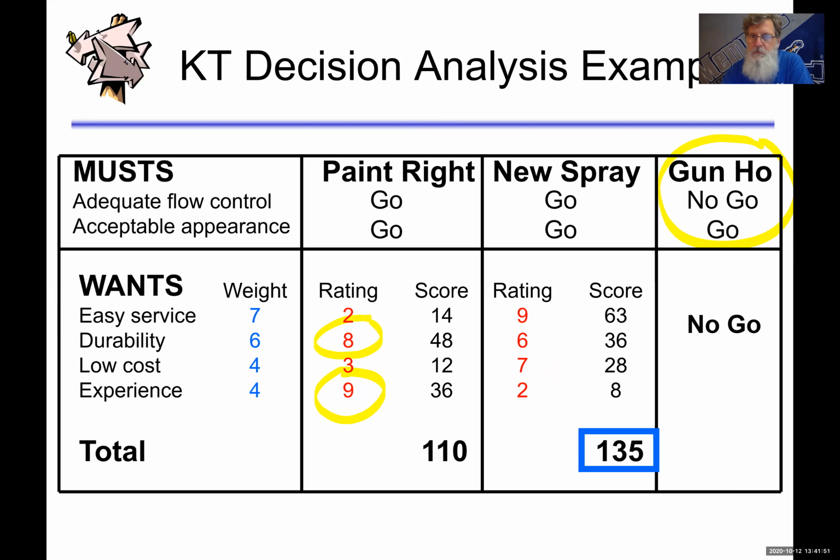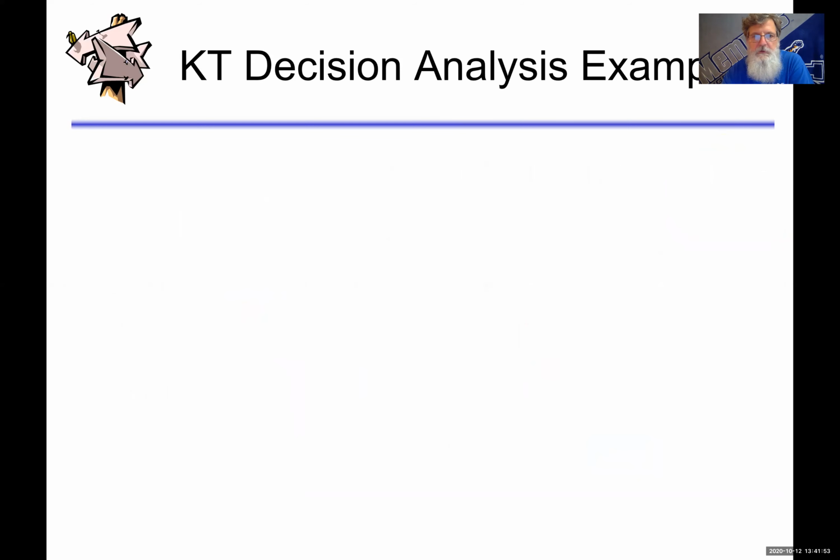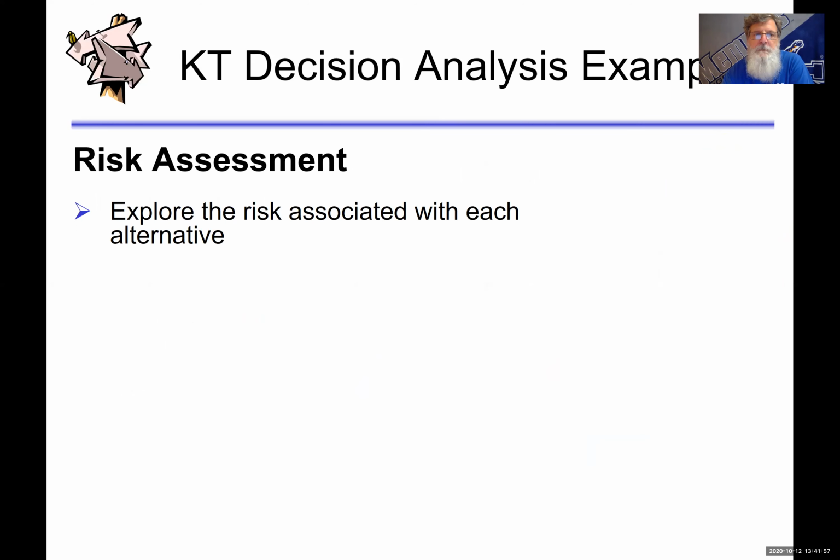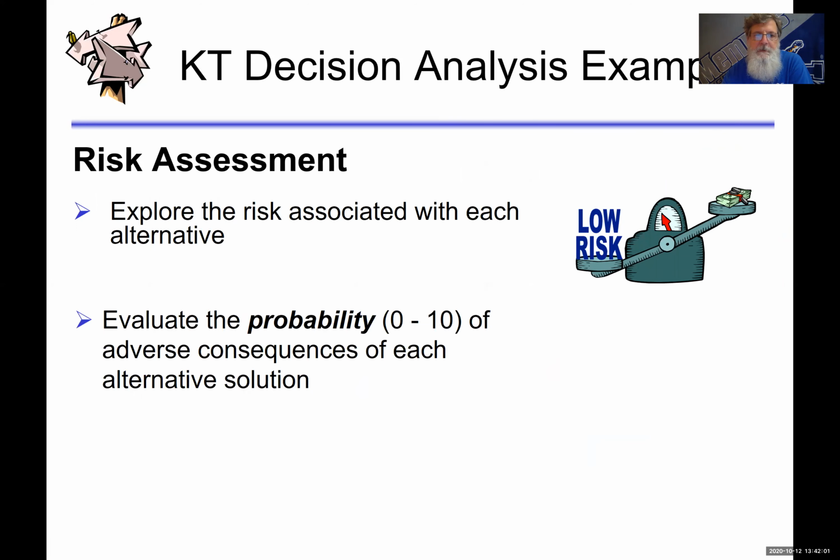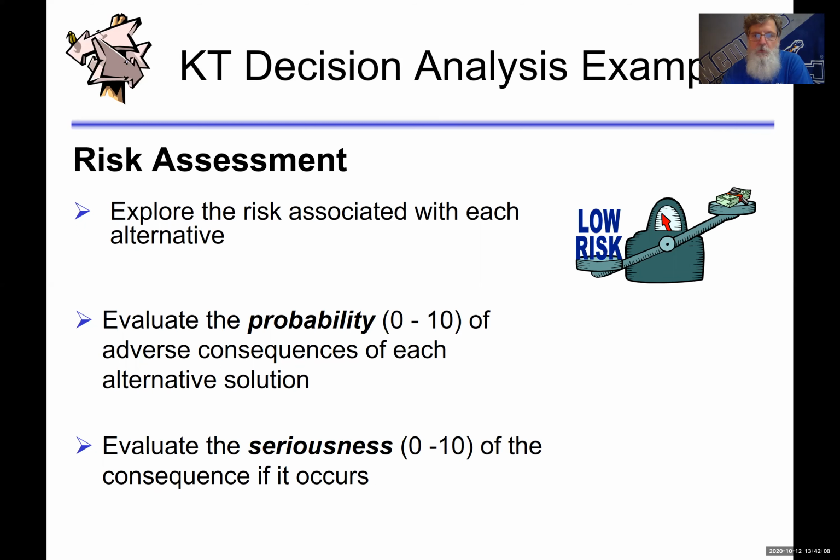Now, some other things I want to tell you about before I quit with this is to let you know that there is some risk in your choice. You can explore each alternative and what the risks involved are. And you can do a probability, again 1 to 10, of the consequence of your decision. Obviously, 10 would be a high probability of some risk of making that choice.